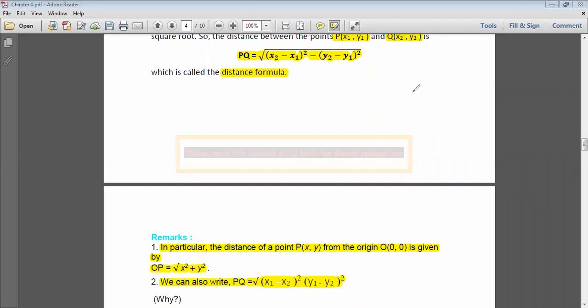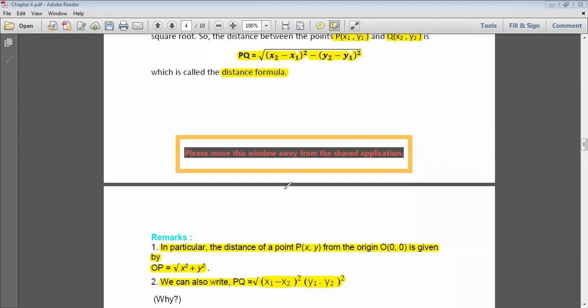I will explain it. Suppose x1 is equal to 7 and x2 is 5.